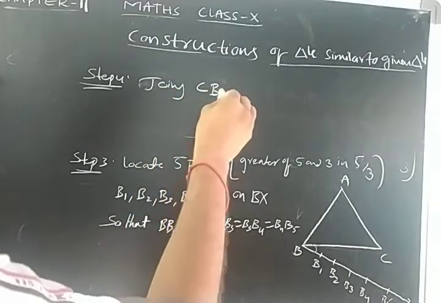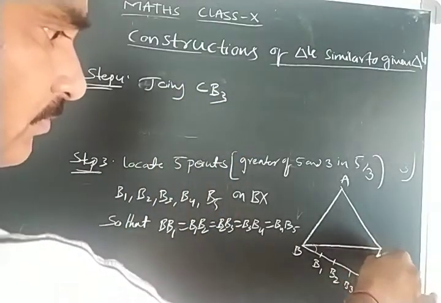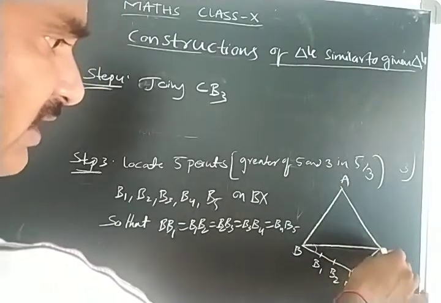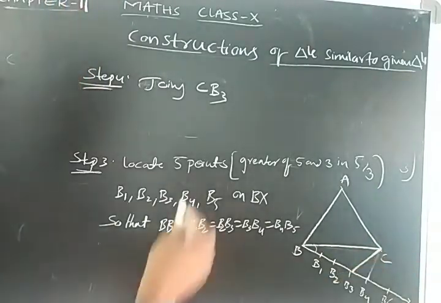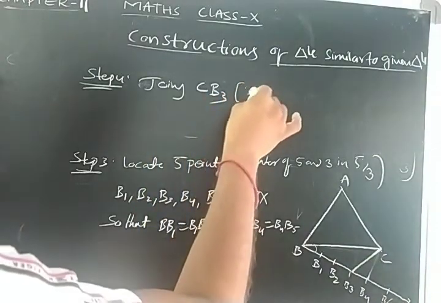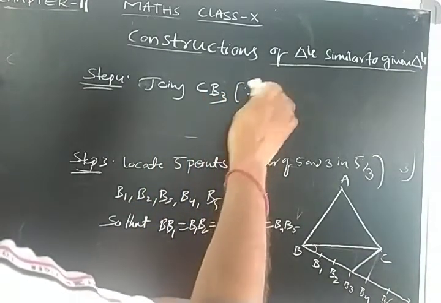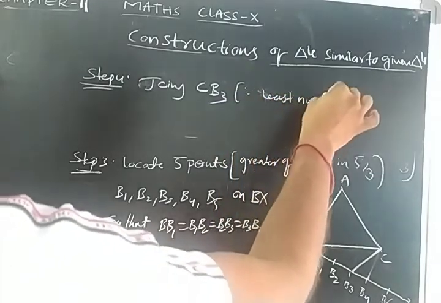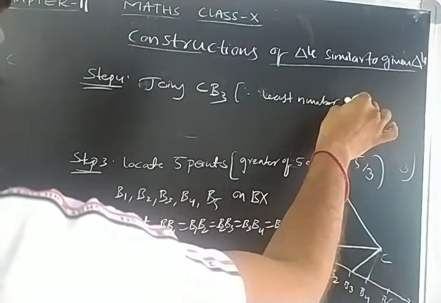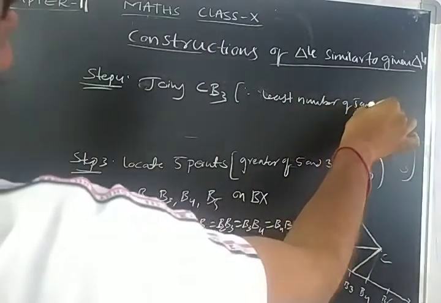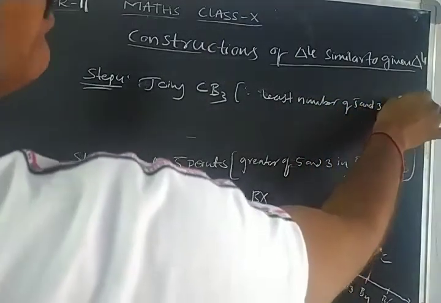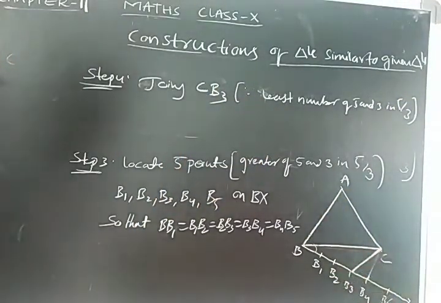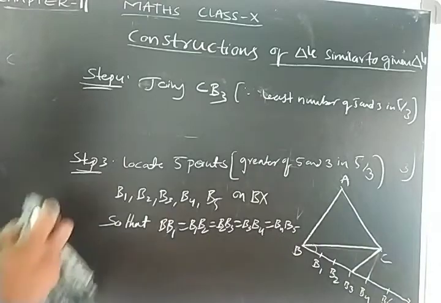Just join CB3, like this. Why are we joining C with B3? Because 3 is the least number of 5 and 3 in the scalar factor. So that's why we are joining C with B3.